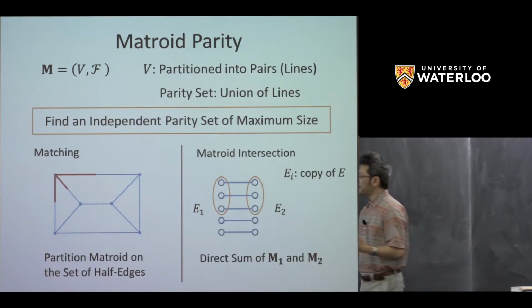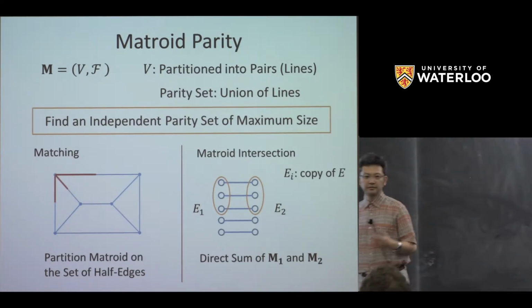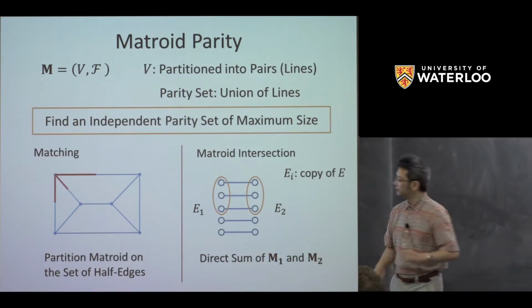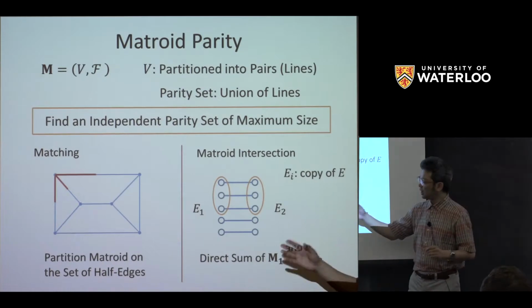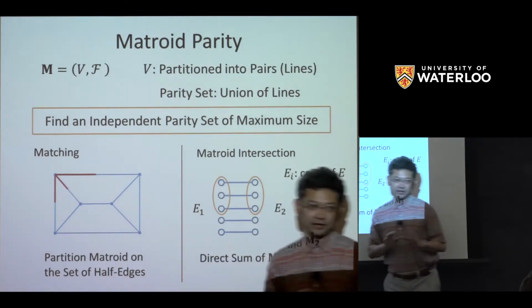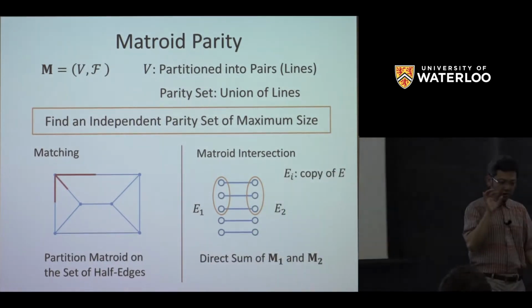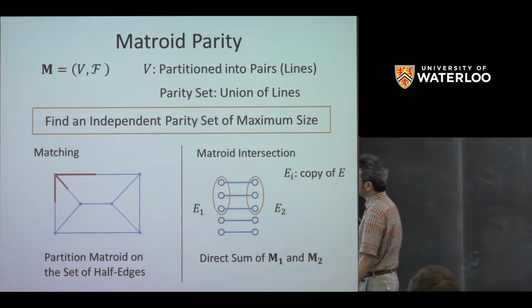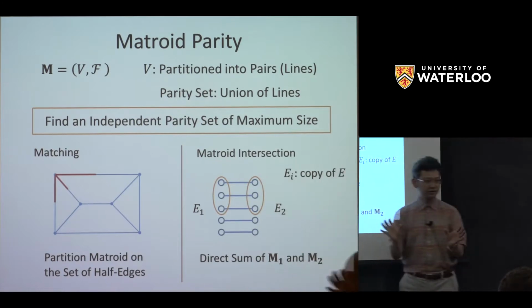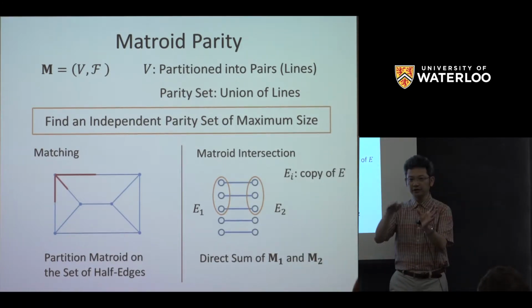Now, I want to briefly mention how this extends the previous two frameworks. So first, let me talk about matching. Suppose you have a graph and think of its edge set. We will consider the set of half edges, that means that you divide all these edges into two parts, okay?